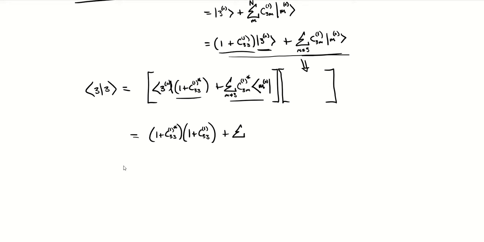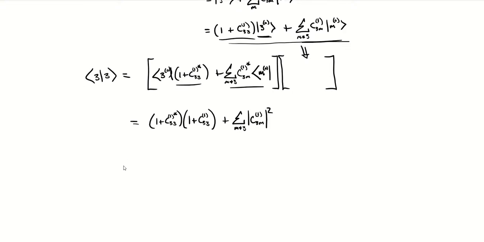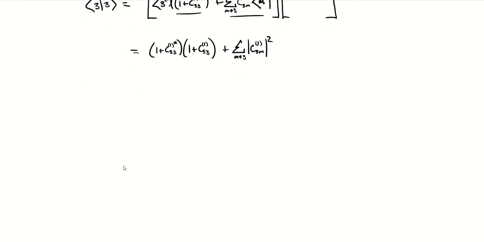So that is the sum over m not equal to 3 of C3m first order, those coefficients squared. When we multiply out those bracketed terms here, we end up with 1 plus C33 first order plus its complex conjugate plus the magnitude squared.